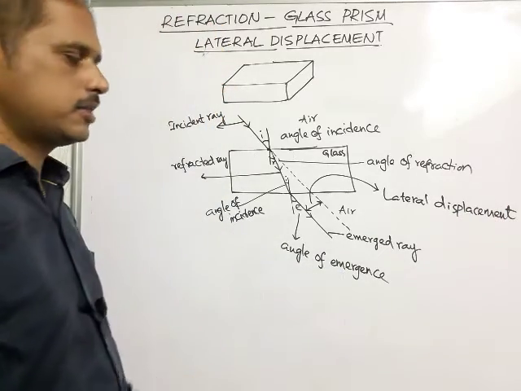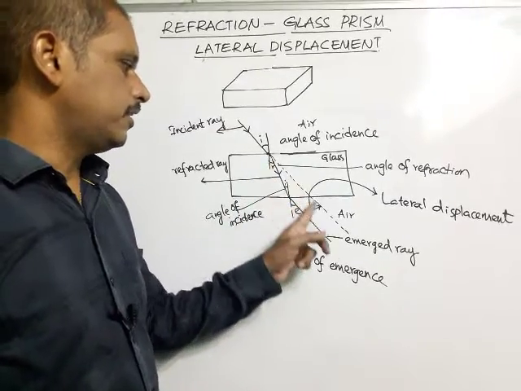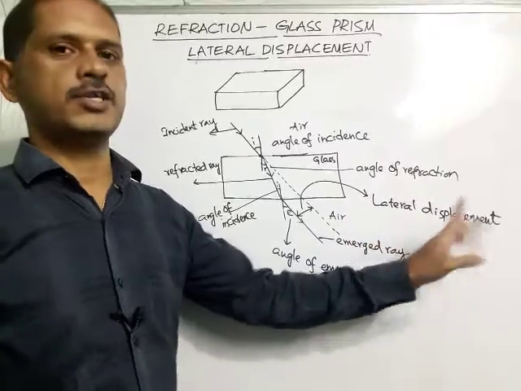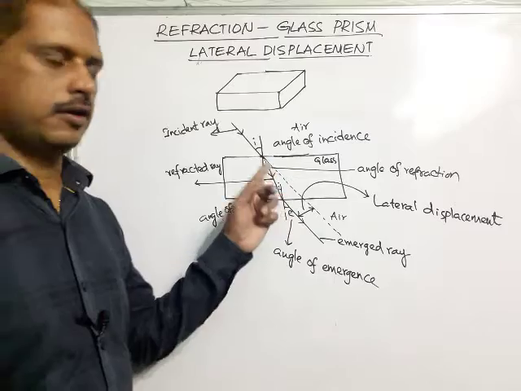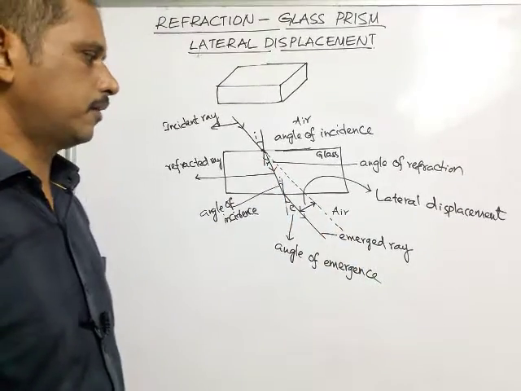The perpendicular distance between the extended incident ray and the emergent ray is known as lateral displacement. So when a light ray passes through the glass prism, you can observe the lateral displacement here.